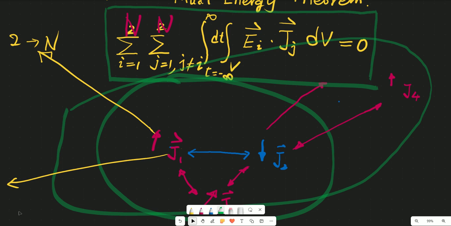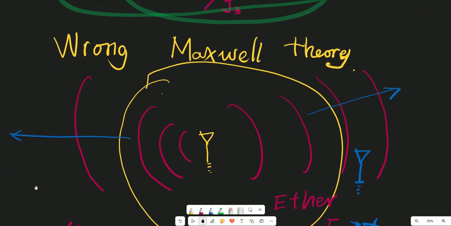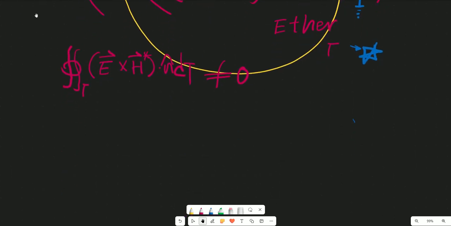It's clear something is wrong, and after a few years of search, later I found the problem is the definition of the magnetic field. So the problem is this.